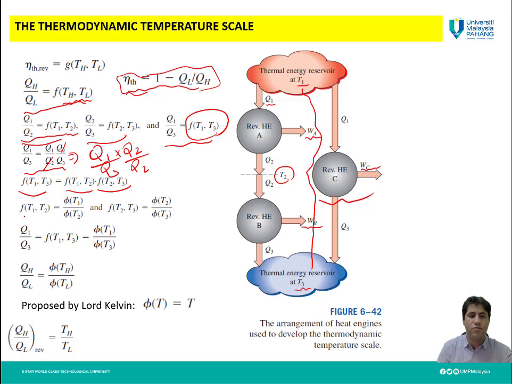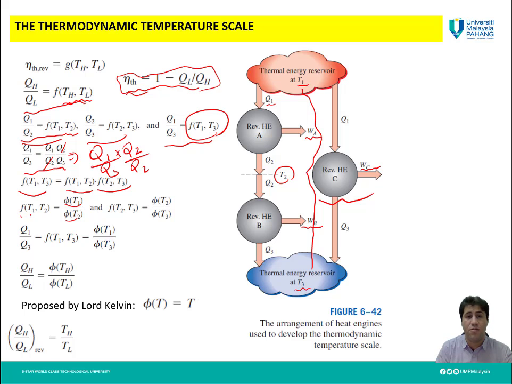Then, to find a relationship between the temperature of the reservoirs and this function, we have this equation for T1 and T2. This is an arbitrary function which shows the relationship between the temperatures T1 and T2.